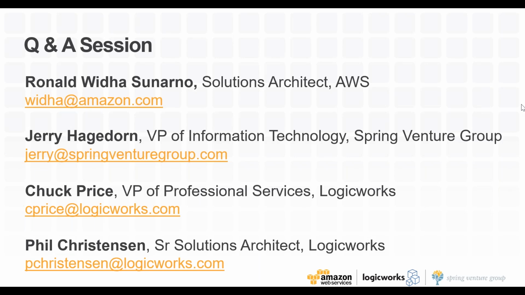Awesome. We have a question around Amazon EC2 Container Service, or ECS. What is an ECS cluster? Maybe I'll take a quick stab at that, and if Jerry or Phil would like to jump in, please do so. Essentially, EC2 Container Service is our Docker container orchestration service. When it comes to containers, you want to have an orchestrator that spins up those Docker container instances to serve requests, maybe websites, maybe web services, and manages the life cycle of that.